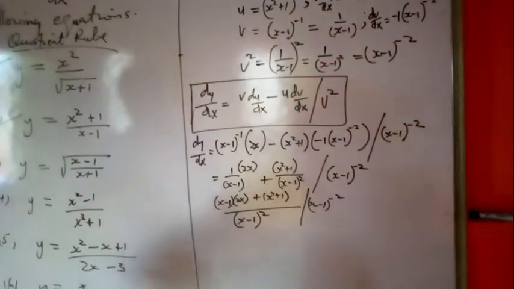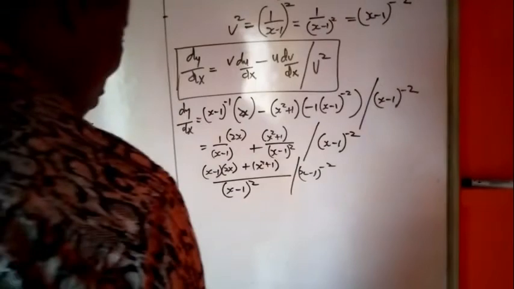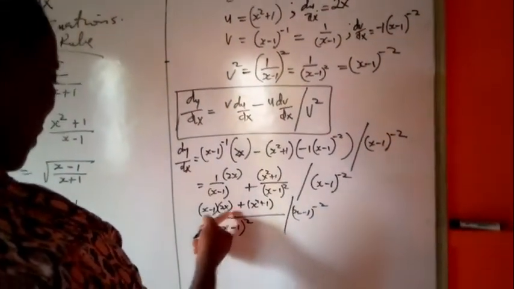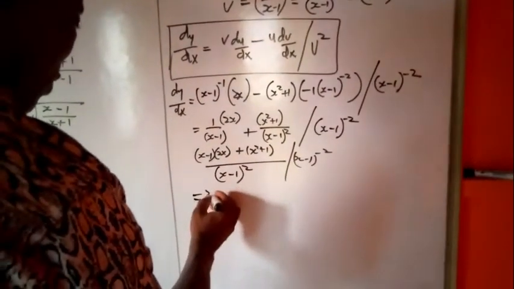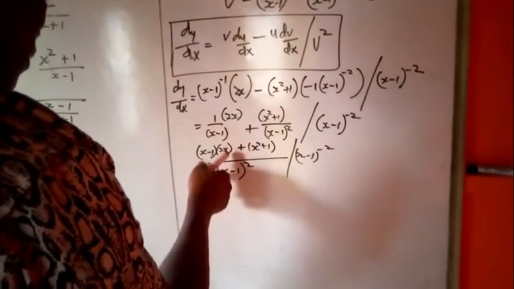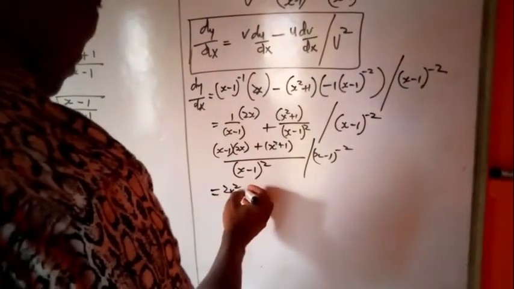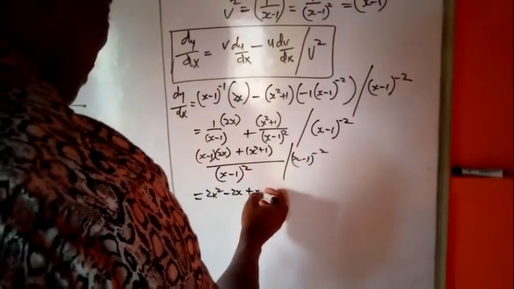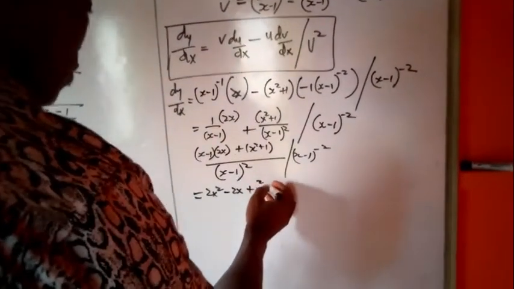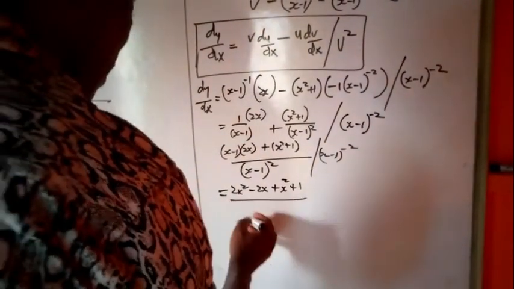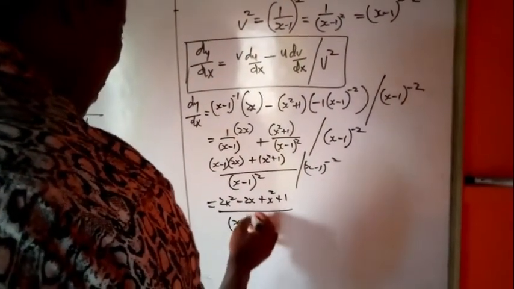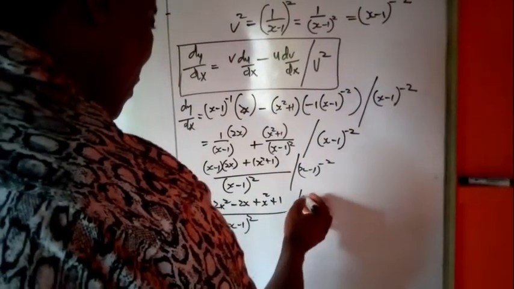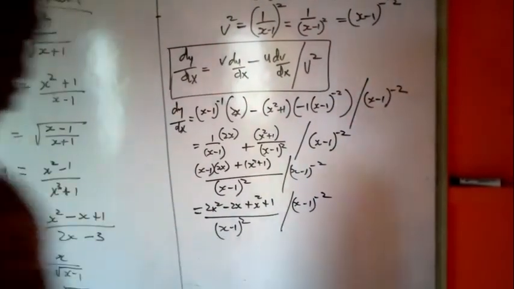So what we need to do now is the simple multiplication. So it's equal to 2x multiplied by x is going to be 2x squared. 2x multiplied by minus 1 equals minus 2x, plus x squared plus 1, all over x minus 1 raised to power 2 divided by x minus 1 raised to power minus 2.